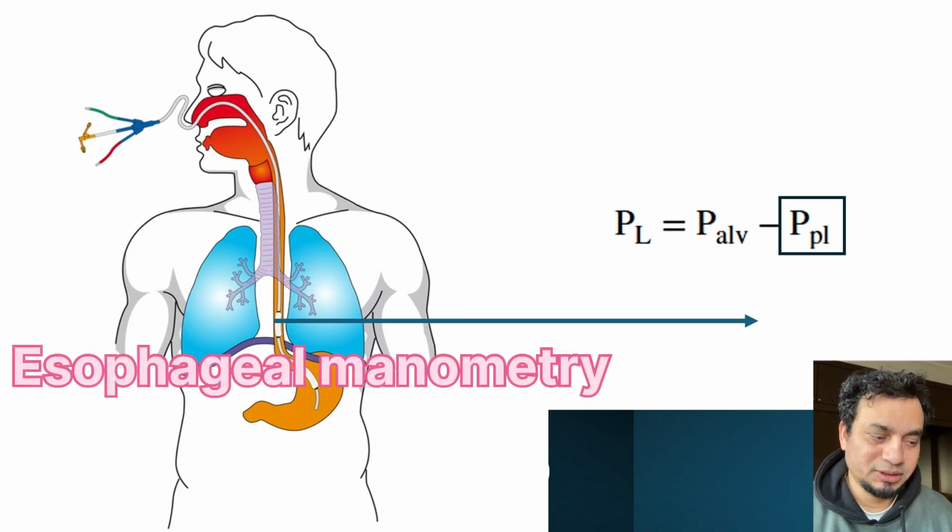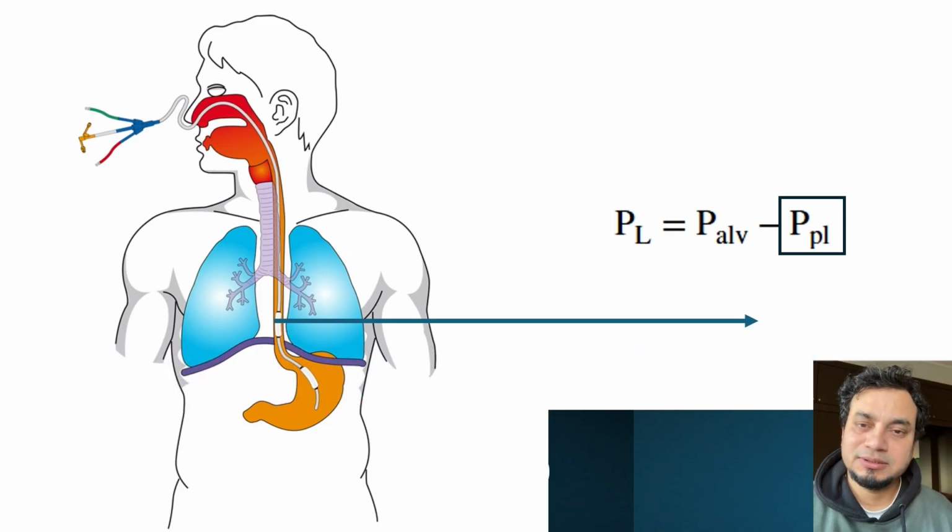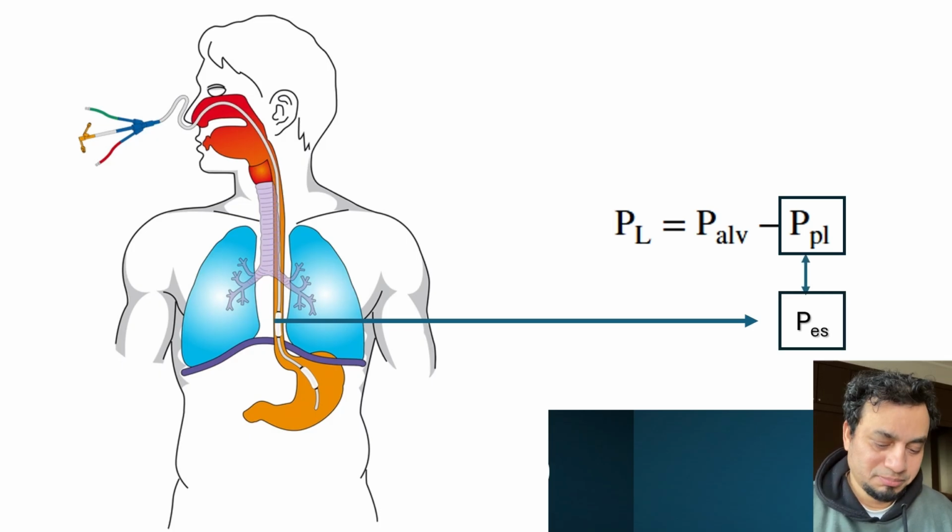We put a catheter with a balloon into the esophagus. We inflate the balloon with some air, and the intrapleural pressure can be estimated indirectly because of the esophagus's anatomical position. Anatomically, the esophagus remains inside the chest in the pleural space. So esophageal pressure serves as a surrogate for pleural pressure.